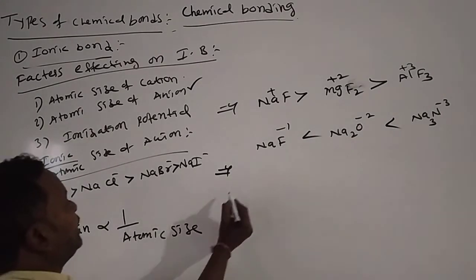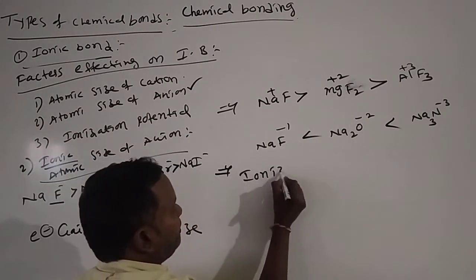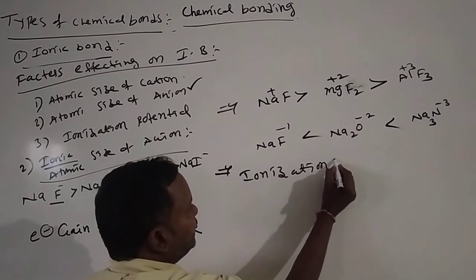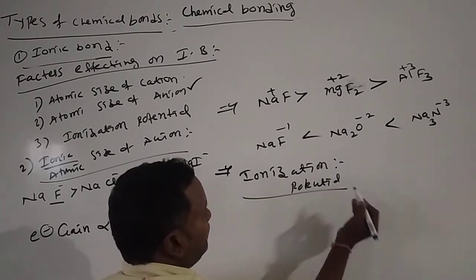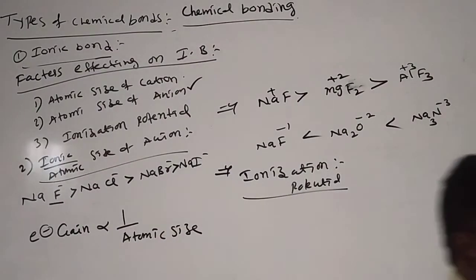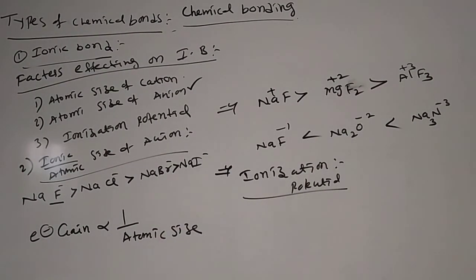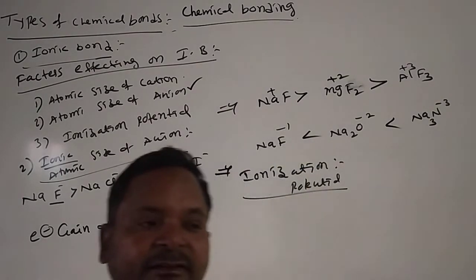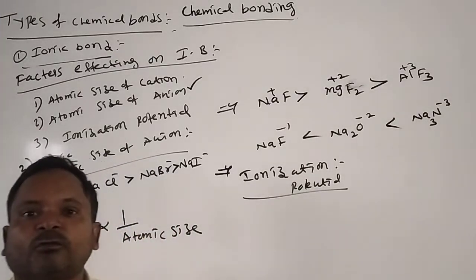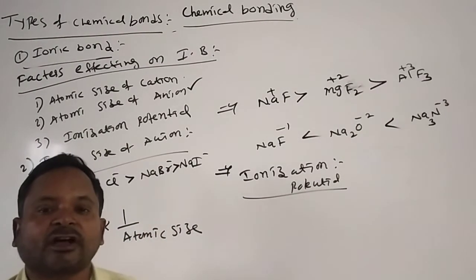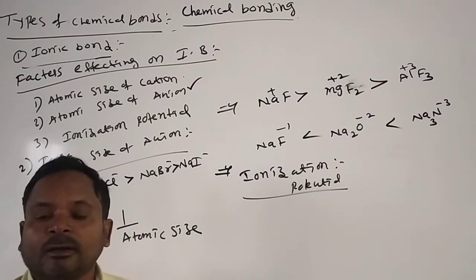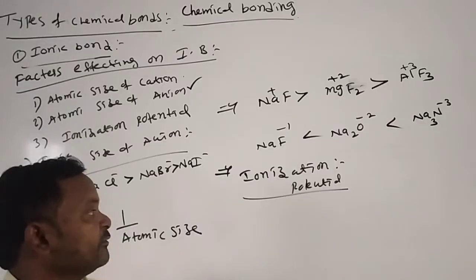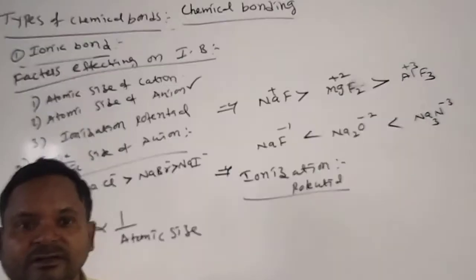Next in continuation, ionization potential. What is the ionization potential? The energy required for the removal of one electron from the outermost orbit of an element in the gaseous state is called ionization potential.